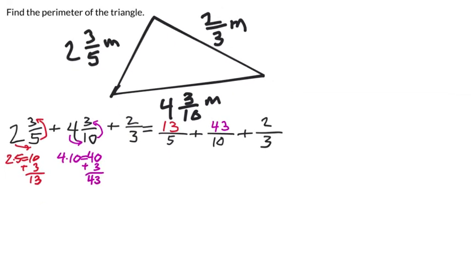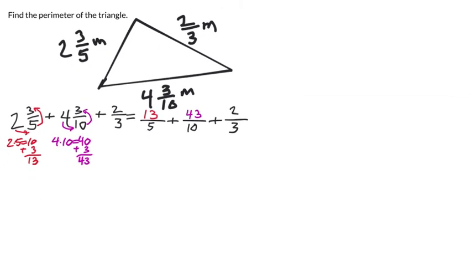And I probably should have given myself more space. Okay, now what I'm going to do on this next step, and I'm going to be showing all the work on this, but I'm going to just split this up. What I mean by that is I'm not going to work with the 2/3 yet.